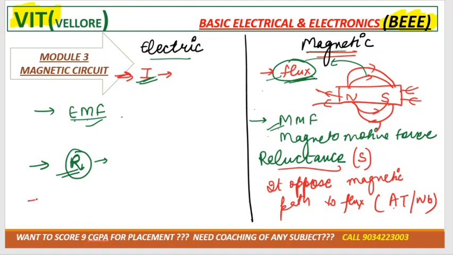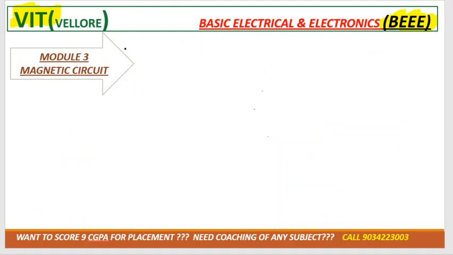Okay. Now in this case, as you know, resistance depends on the conductor material, right? But reluctance is inversely proportional to the permeability of the medium. Permeability is denoted by mu, right? So basically we'll have formulas related to this. I is equal to V by R in case of electric circuit.